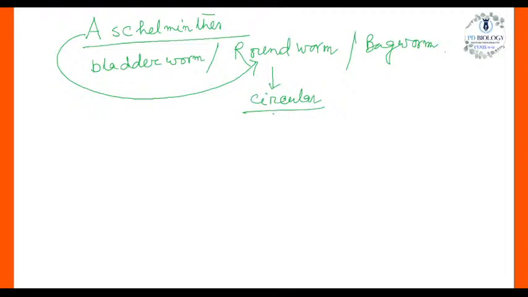They may be free living, aquatic and terrestrial, or parasitic in plants and animals. Roundworms show organ level of body organization. They are bilaterally symmetrical and triploblastic, but the special character is that they are pseudocoelomate. Very important, frequently asked question: pseudocoelomate group.